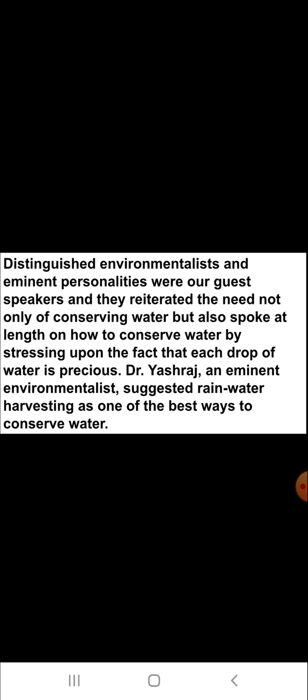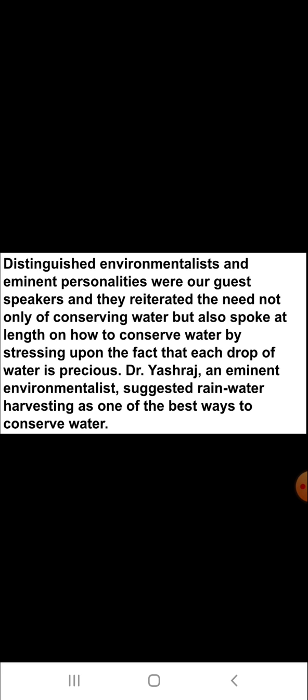Distinguished environmentalists and eminent personalities were our guest speakers, and they reiterated the need not only of conserving water but also spoke at length on how to conserve water by stressing upon the fact that each drop of water is precious.